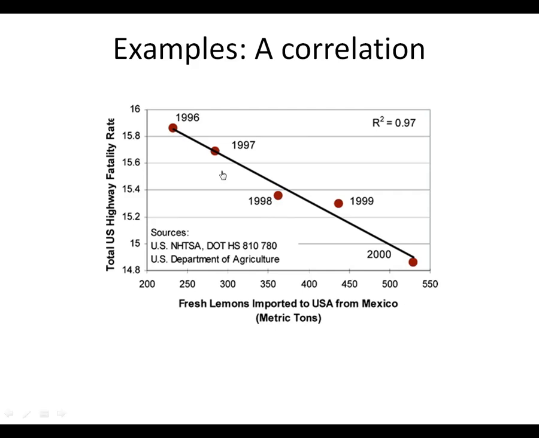Now, when we see a graph like this, we're trained to say cause and effect because it looks like increasing this causes this. And that's what the results of an experiment look like. But this was not an experiment. These things happened naturally, and they just happened to occur at the same point in time during a year.